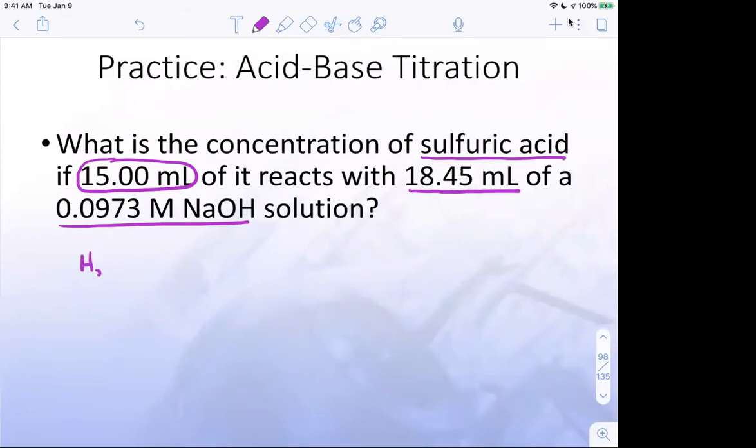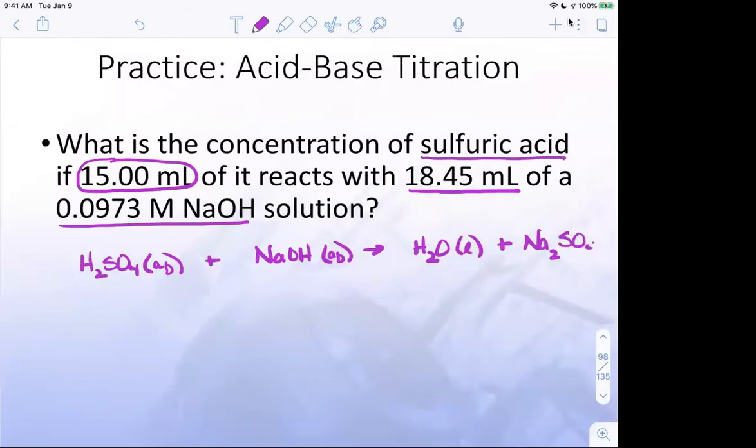Sulfuric acid is H2SO4 plus sodium hydroxide goes to water plus the salt, which is sodium sulfate. And that is aqueous because it's a sodium salt.